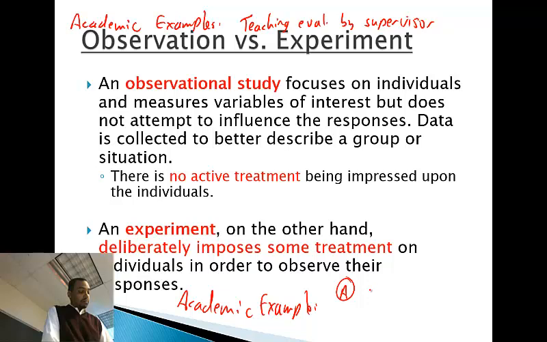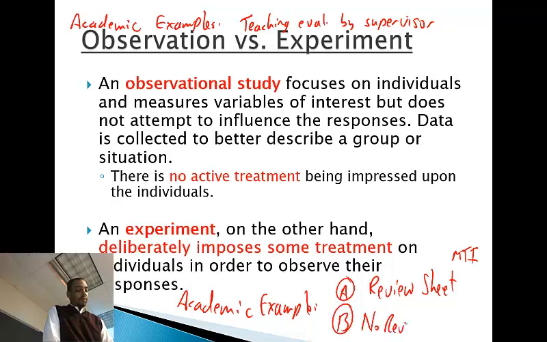Group B, no review sheet. In this case, no one's going to each student and giving them a shot of penicillin or anything, but one group is going to get a review sheet, one group is not, and then we'll collect the data after the midterm and compare the results. And we'll see the effectiveness of the review sheet among other variables.